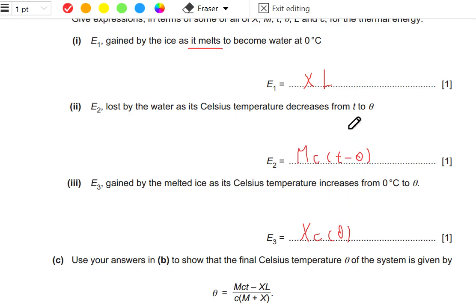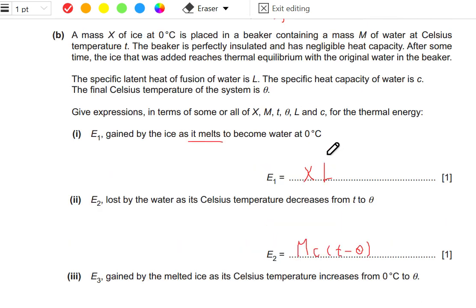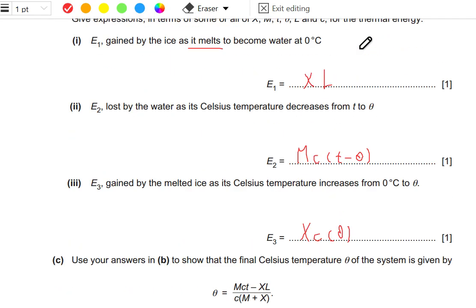Both amounts of heat are gained from the water, which lost this amount of heat, and there is no loss to the beaker or to the surroundings, because it states that the beaker is perfectly insulated and has negligible heat capacity.